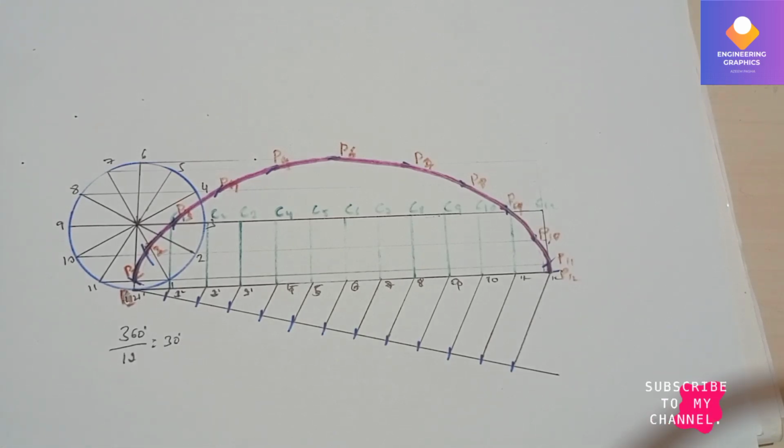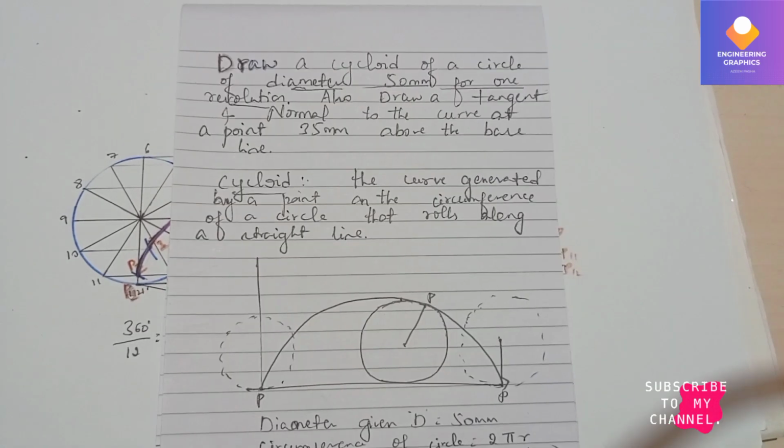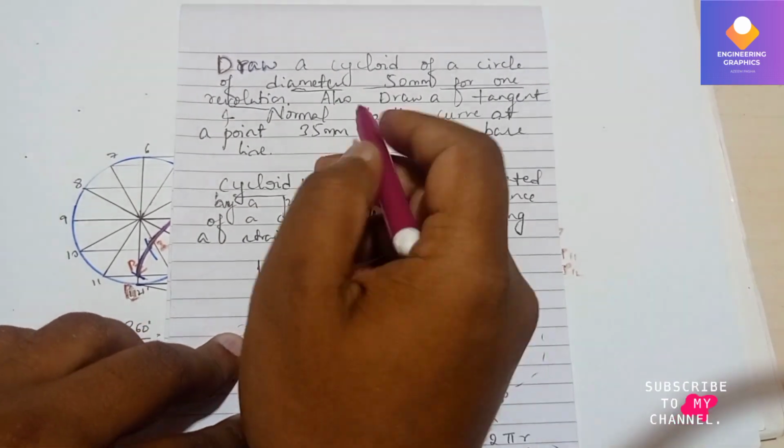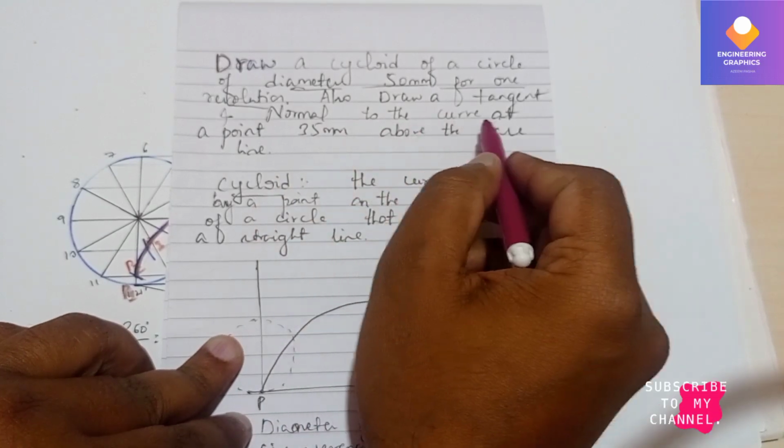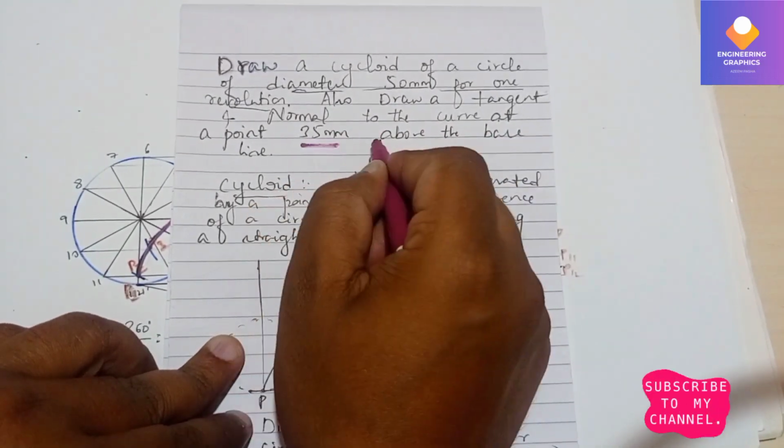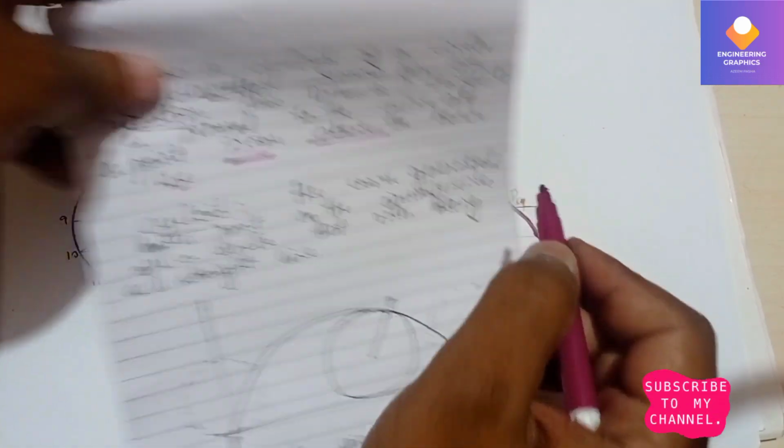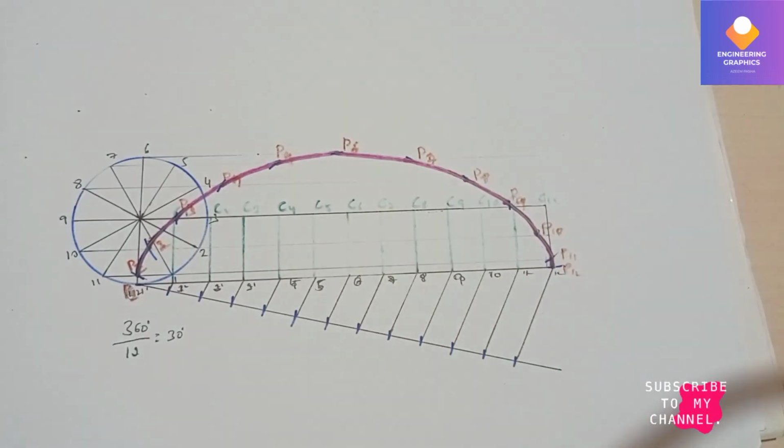Now we have to draw the tangent and the normal. Okay, tangent and the normal. So in the question it is given: also draw the tangent and normal to the curve at a point 35 mm above the baseline. So you can see in this question, we have to construct a 35 mm line.